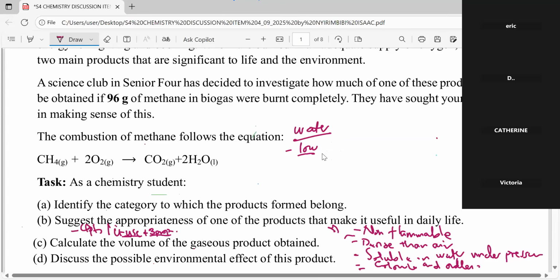Then it is colorless. Tasteless. That's what I have. There should be at least 4 points, but also we say that we should include one use.